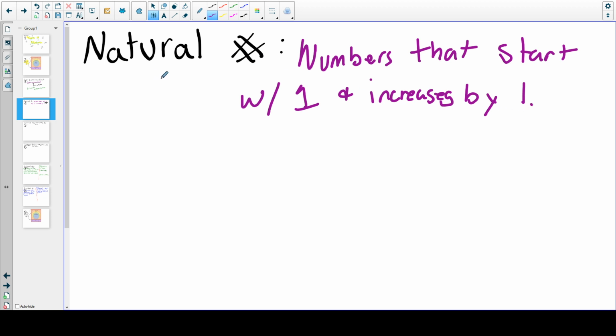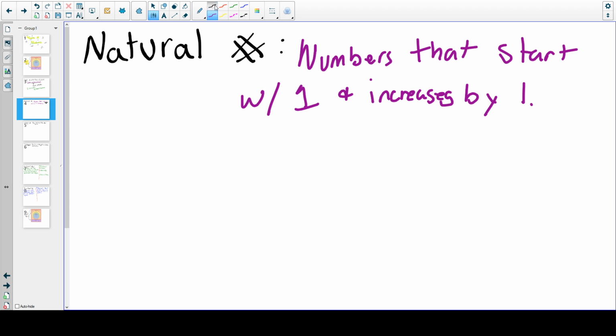We talked about this in class. The first set of numbers that people came up with are numbers you can count on your hands, like 1, 2, 3, 4, 5. In other words, if you keep adding 1 to any number, you get another number, right? If I have the number 10, add 1 and you get 11. Add 1 to that, you get 12. And you can do that infinitely.